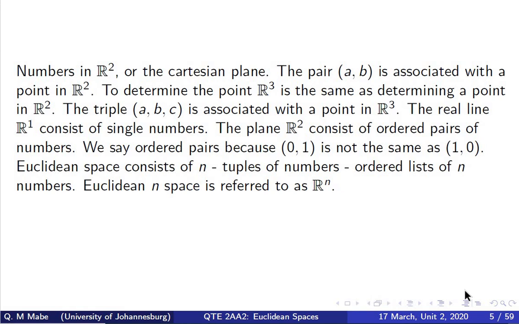So as I've already pointed out, points in R2 are just your Cartesian plane. You've come across the Cartesian plane in high school. So a pair (a, b) is associated with a point in R2. You need to know that we call these ordered pairs in the sense that (a, b) is not the same as (b, a).